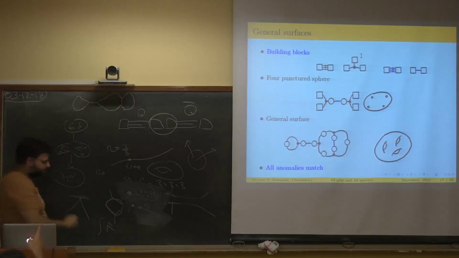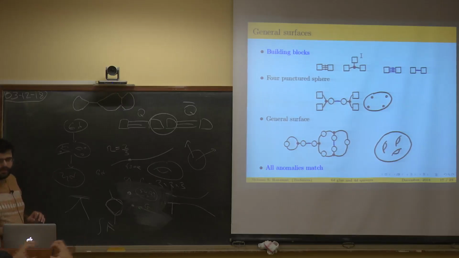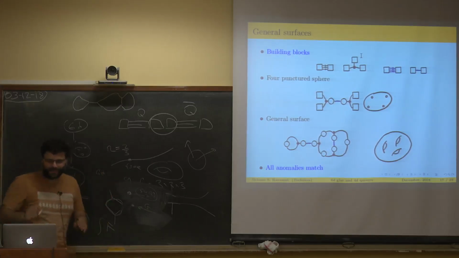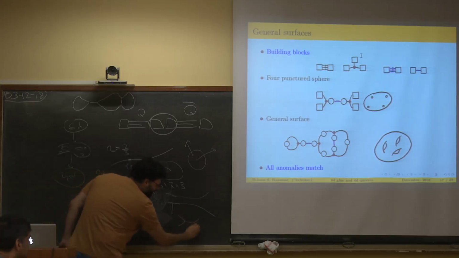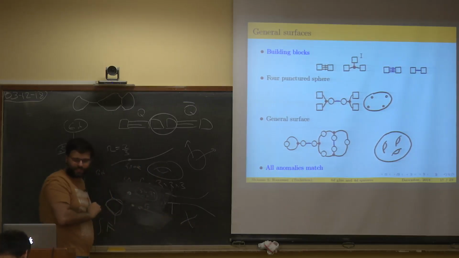I think these new gaugings are different from the old gauging somehow. What do you mean? The old gauging meaning the thing that you glued together to make the four-punctured sphere. Yeah, the one with the blue. So, excellent question. Just wait one slide. I defined to you a four-punctured sphere like that.